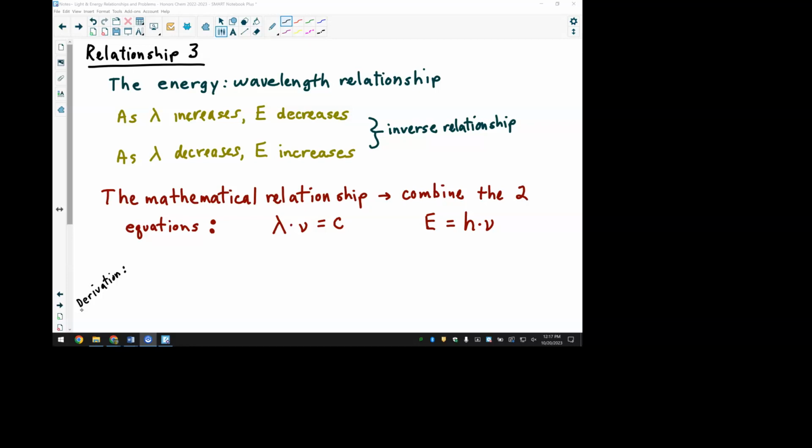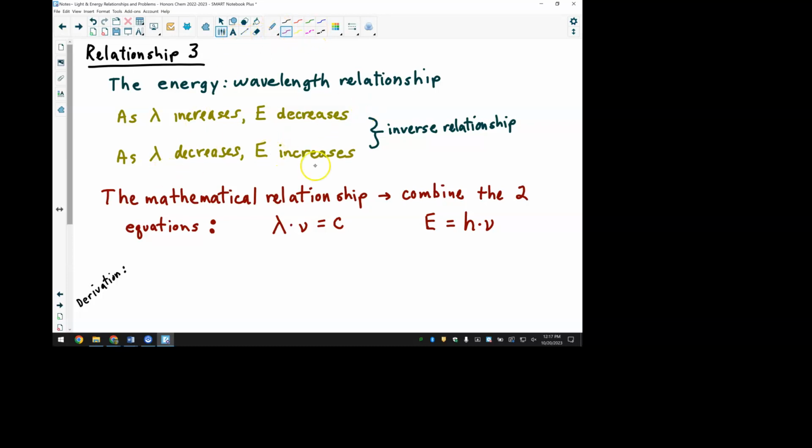Now, we will eventually have a single mathematical relationship, but to get it for wavelength, we have to combine the two equations that we already know. If we know that wavelength times frequency is the speed of light, I'm going to do the little derivation here of how we get this equation.